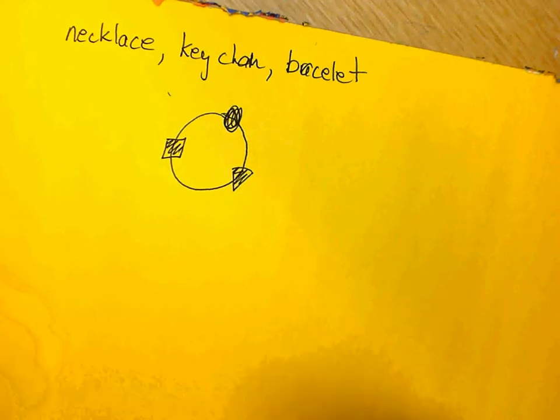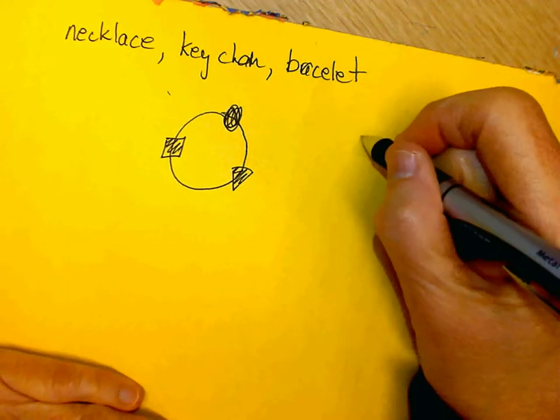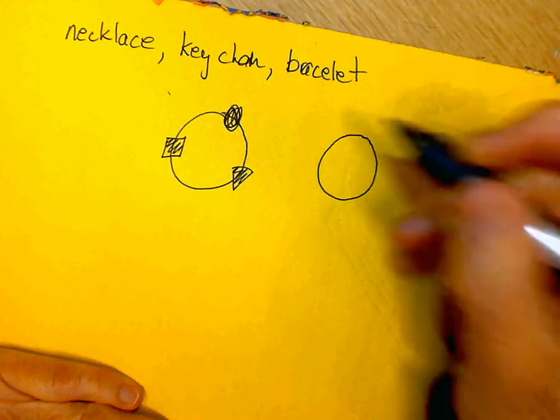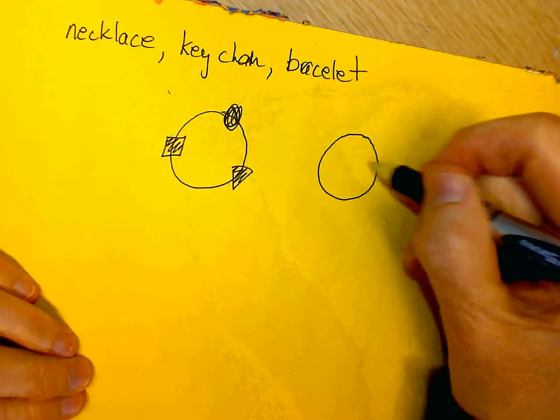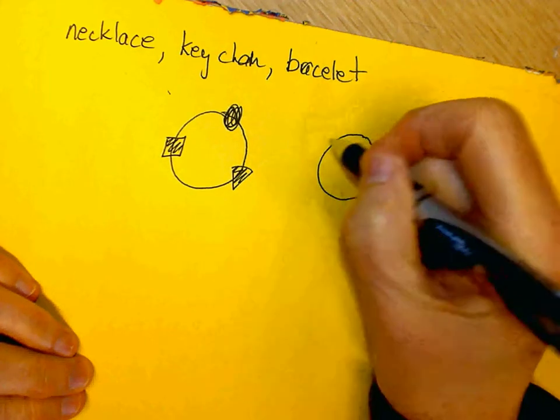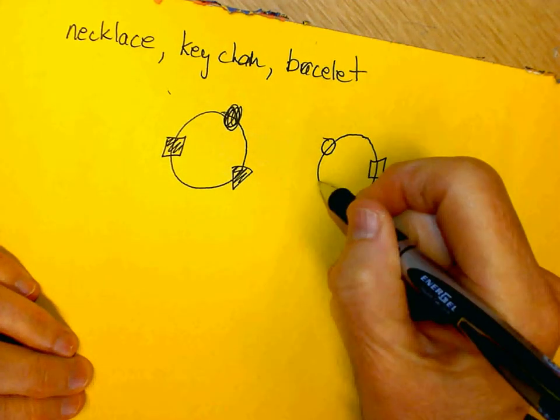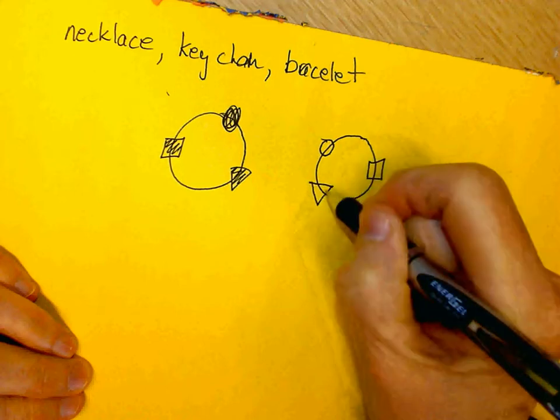Well, notice when I flip, if I were to flip this over, the square key would come here, the round key would go there, and the triangular key would go there.